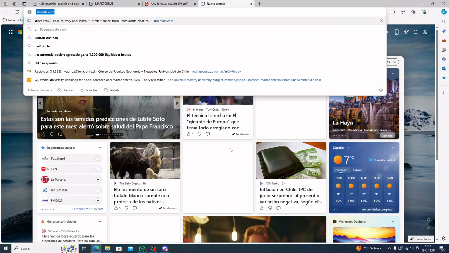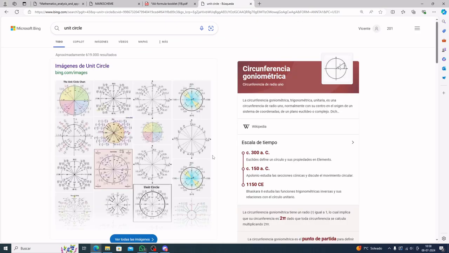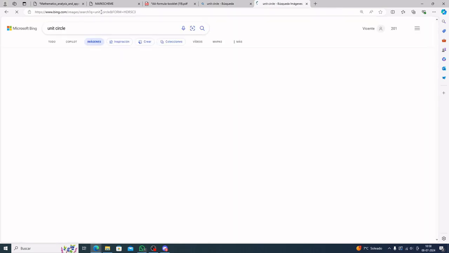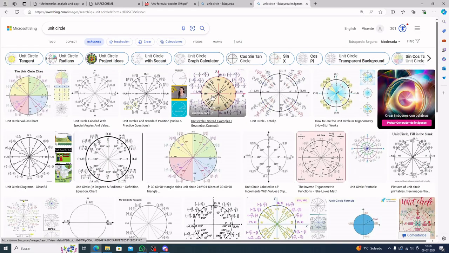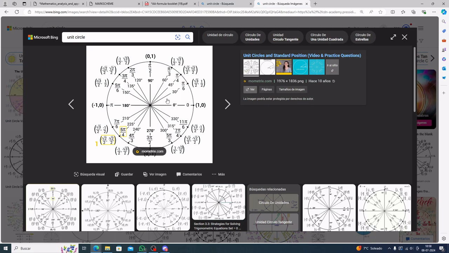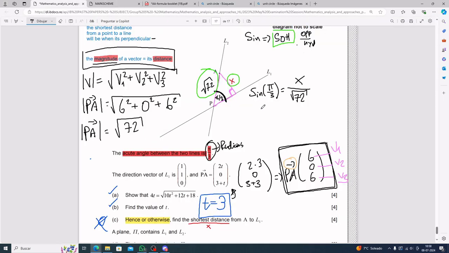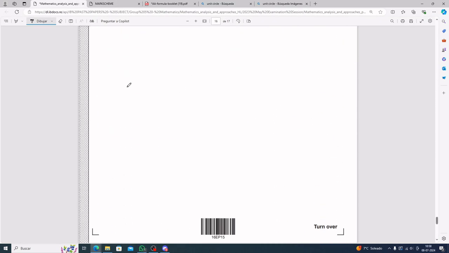So that means that if I go ahead and open up the unit circle, which is something that you need to memorize because you are an HL and you do have to memorize this kind of stuff or learn it in your own way, you can see that pi divided by 3 is right here on 60 degrees. So let me just go ahead and draw that real quick because it is very relevant.